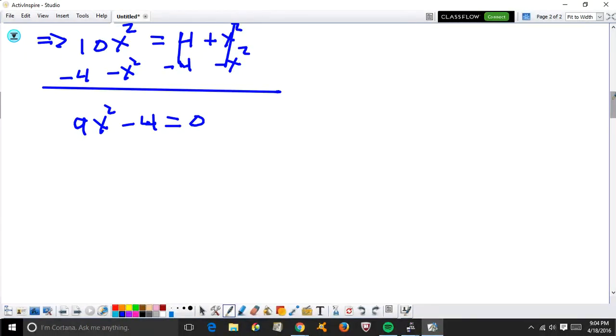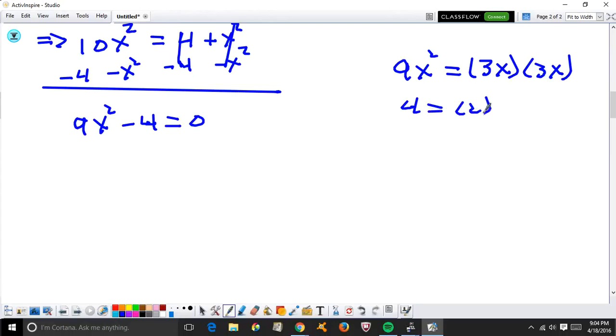We notice that on the left side, we have a difference of squares where 9x squared can be expressed as 3x times 3x, and 4 can be expressed as 2 times 2. So we can factor the left side as 3x plus 2 times 3x minus 2.